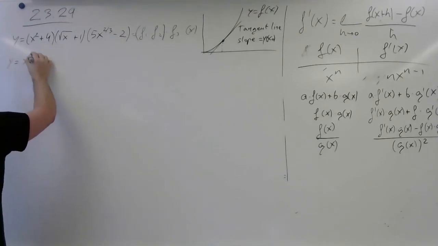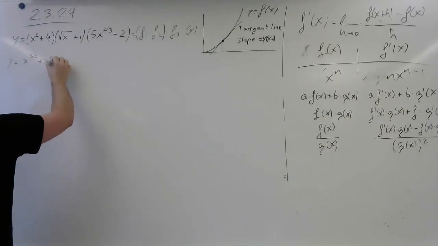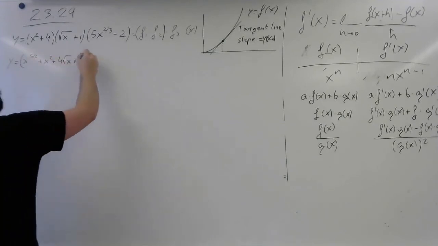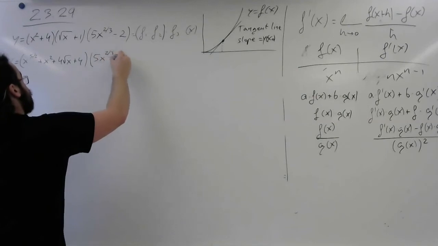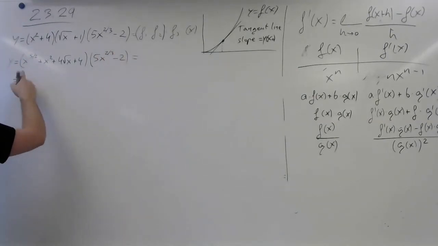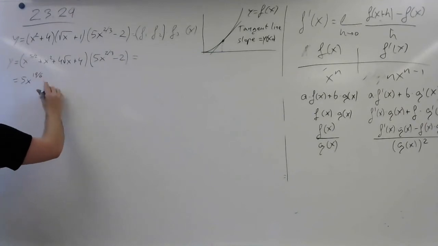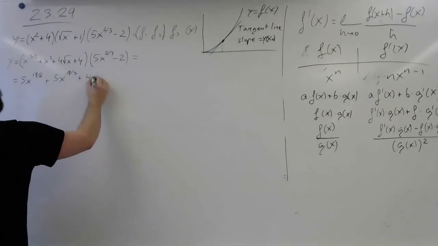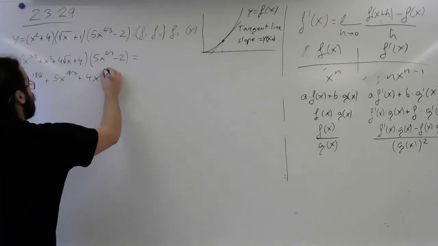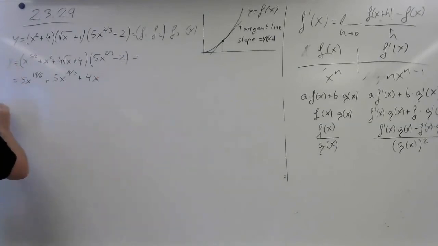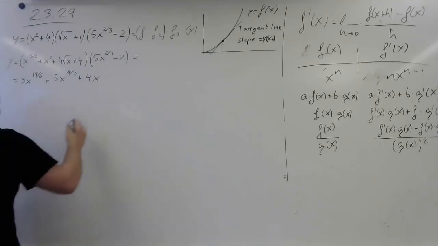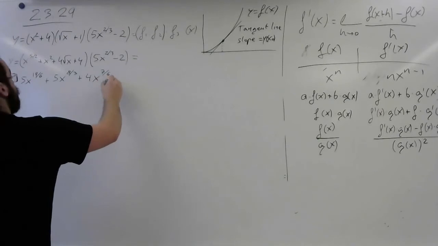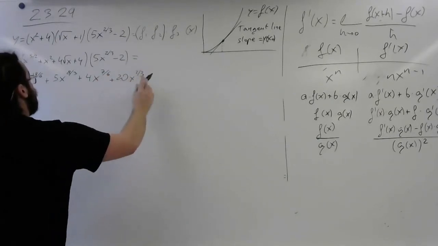I multiply this, we have x to the power 5/2 plus x squared plus 4 square root of x plus 4, multiplying 5x^(2/3) minus 2, and this is equal to, wait, plus 20x to the power 2/3.